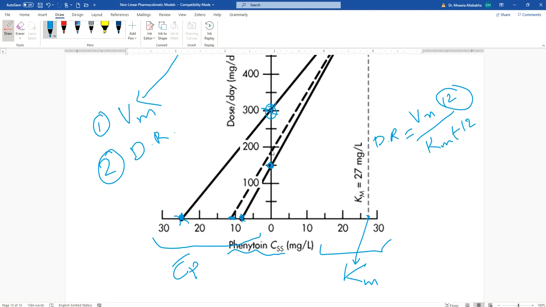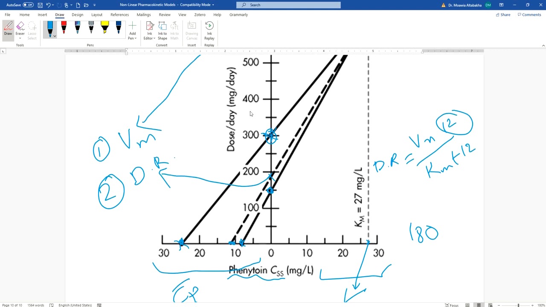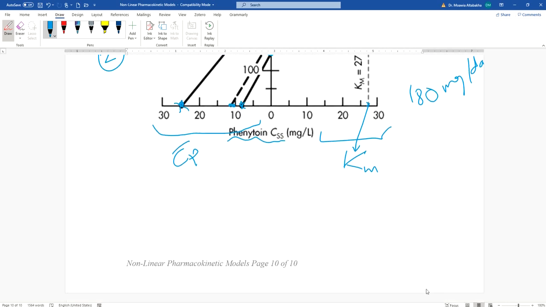Now where does it meet the vertical axis? It meets it here. What is this number? Let's say it's 180. It is the new dosing rate, in milligram per day, that will produce the target concentration of 12 milligram per liter.